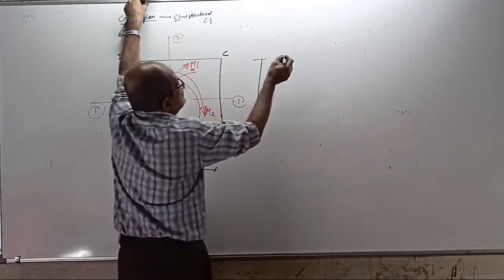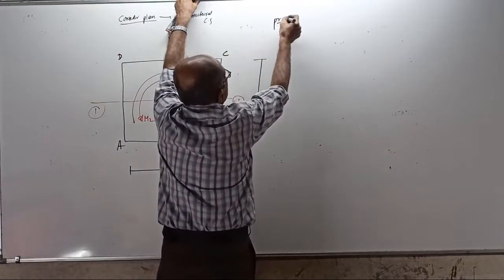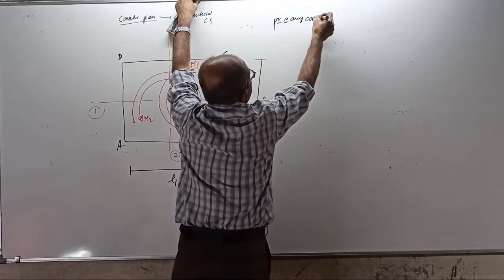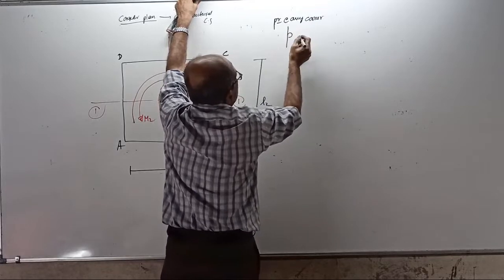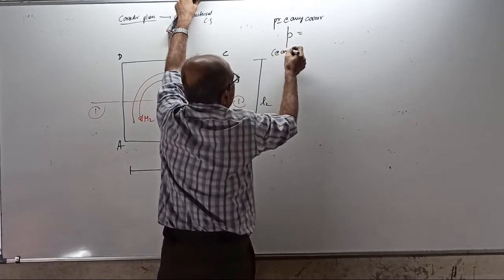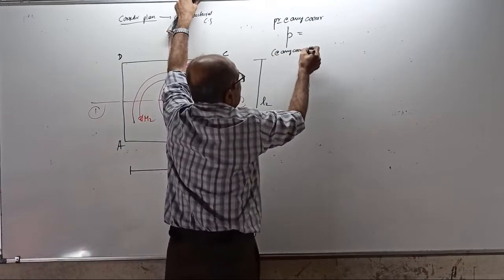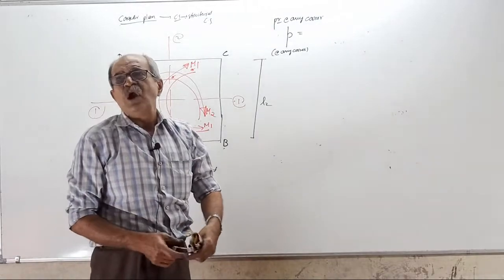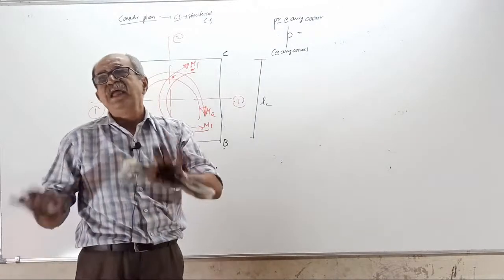See now. The pressure at any corner, that is pressure P. Remember, in RCC you have two terms, gross pressure and net pressure, that you study in RCC.